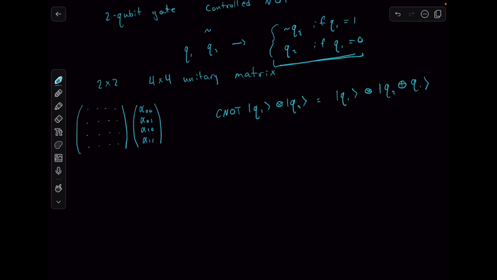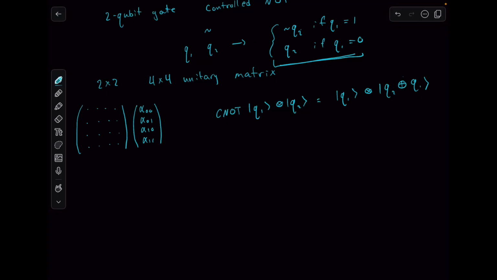Actually, that's quite easy to see. So if Q1 is 0, XORed with Q2, you just get back Q2, just by the rules of this XOR addition. And if Q1 is 1, and Q2 can either be in the state 0 or 1, what's going to happen is it's just going to flip, because 1 XORed with 1 is 0, and 0 XORed with 1 is 1.